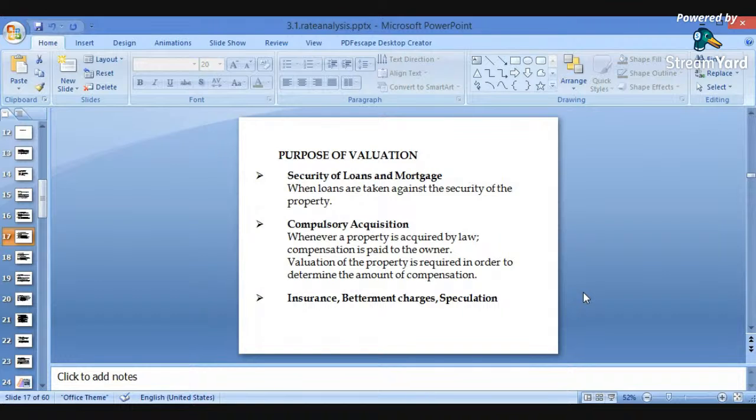At that time, for the mortgage, this valuation plays an important role.